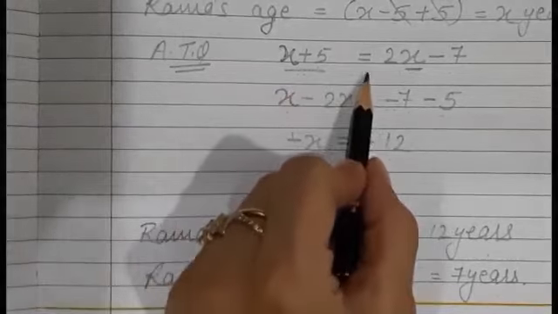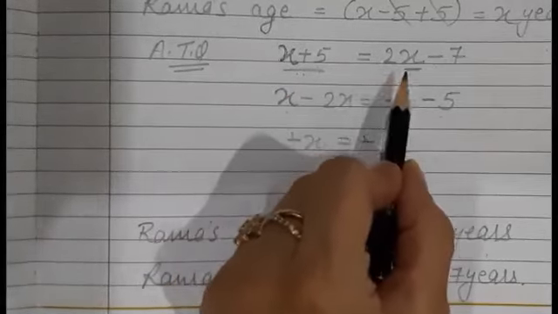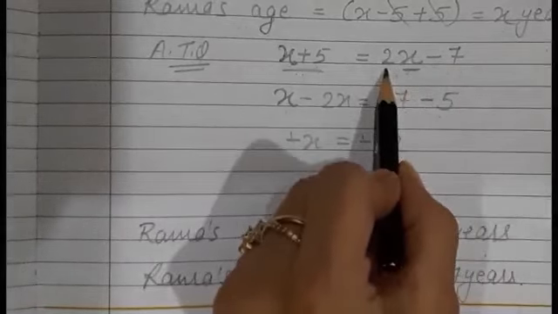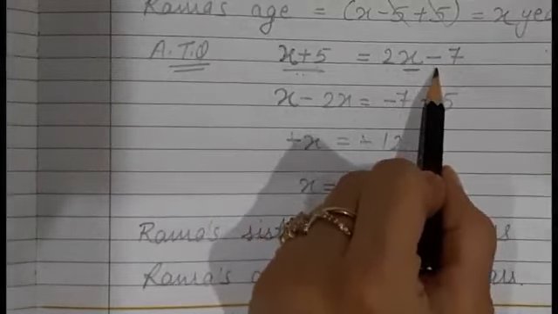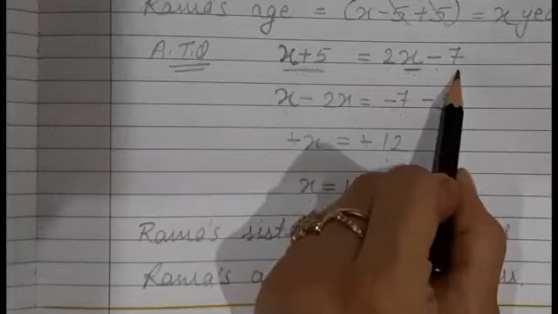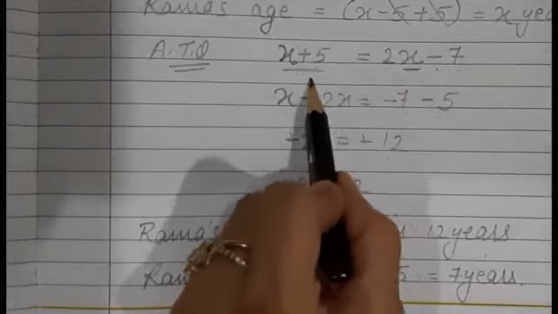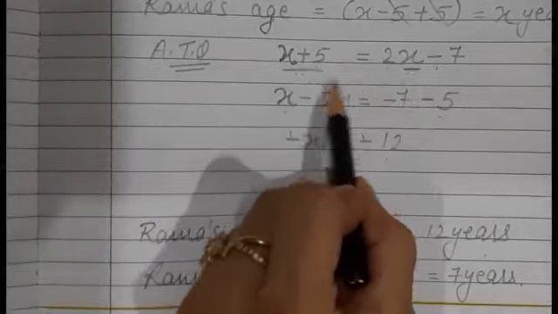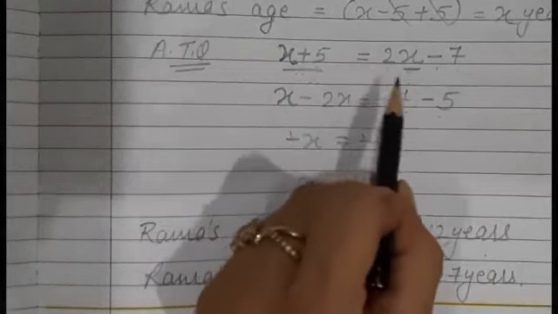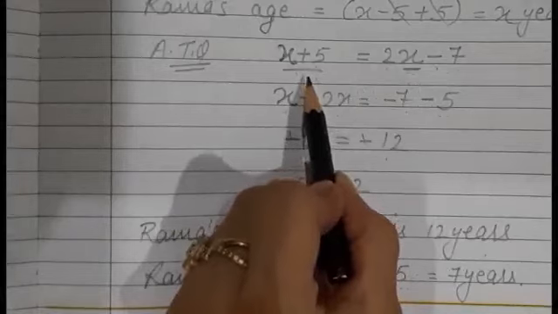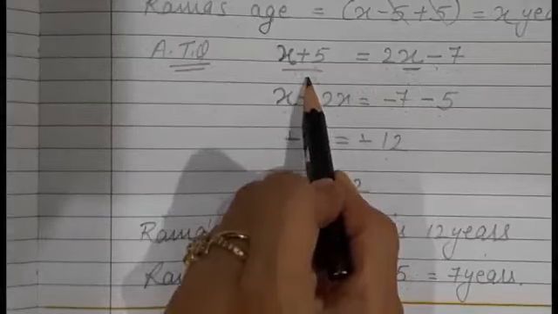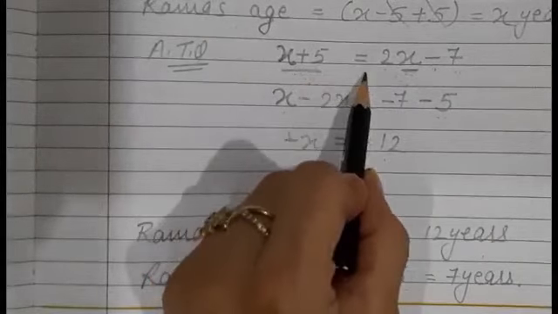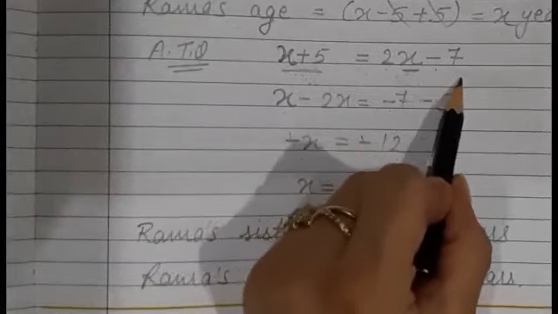When we equate the equation, we have to do the operation on Rama's age: 2 times Rama's age less 7. Right? To balance the ages of Rama and Rama's sister. So the equation will be x plus 5 equals 2x minus 7.